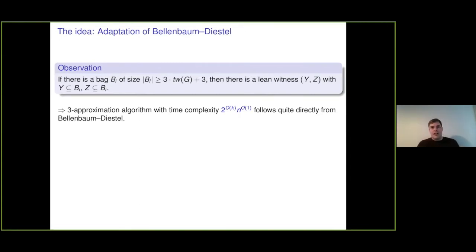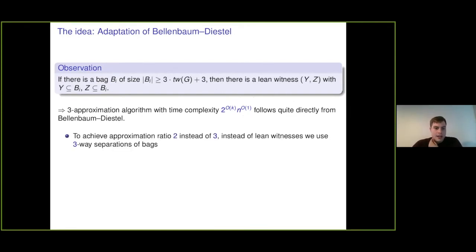We can always take the largest bag and try to find this lean witness, and if we find it, we can improve it, and if we don't find it, we can conclude that its Treewidth is larger than this. So basically, a Treewidth approximation algorithm with this kind of time complexity, not quite linear in n, but single exponential in k, follows quite directly from the arguments of Bellenbaum and Diestel, with just some standard techniques applied.